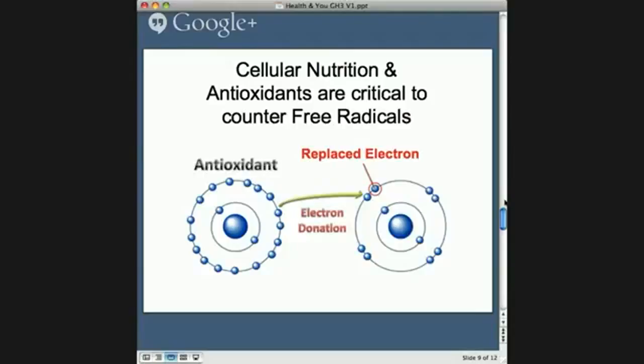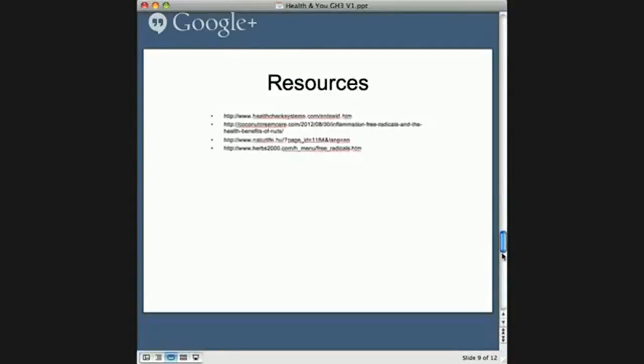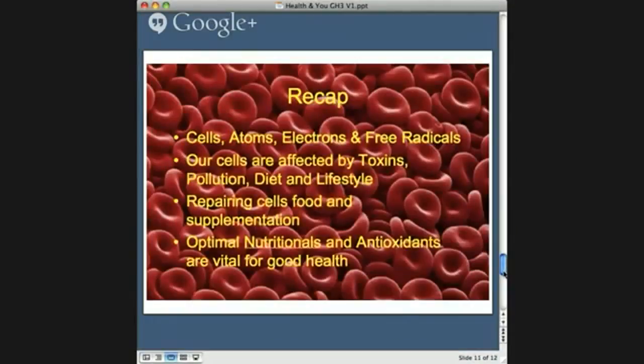Antioxidants don't have this issue of needing to get to 8 because they're already balanced, and their structure is such that they can donate electrons to other molecules in cells. So let's just recap: cells, atoms, electrons, free radicals. Basically, when an electron breaks off, that atom or cell becomes a free radical.